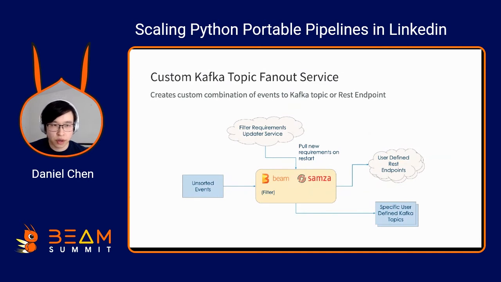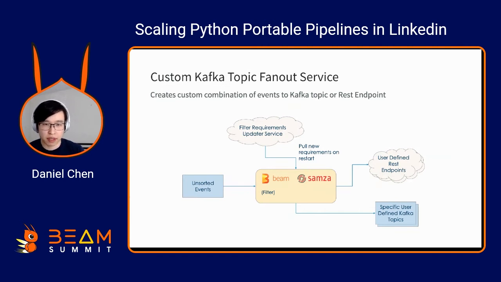And the next one I want to cover is a Fanout service. This is very interesting because it is an evolving pipeline. So every restart, this pipeline pulls from an online REST service, the filter requirement updater service. This pull is done outside of the pipeline, in the main function.